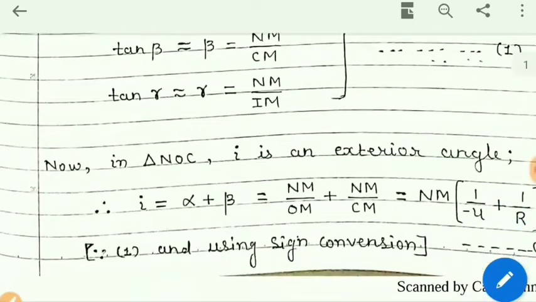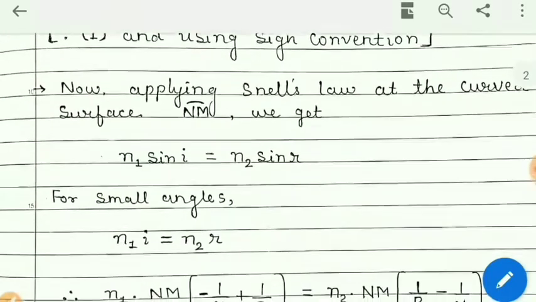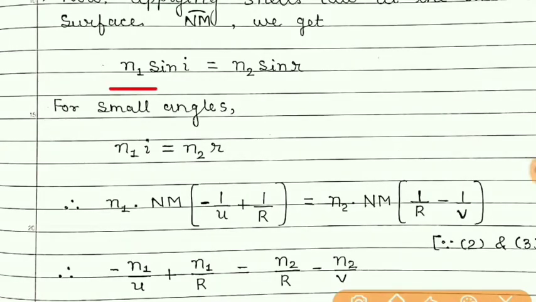But students, we have considered paraxial rays, and so the angle of incidence and the angle of refraction are very small, and so we can write i in place of sin i and r in place of sin r. So n1 i is equal to n2 r.